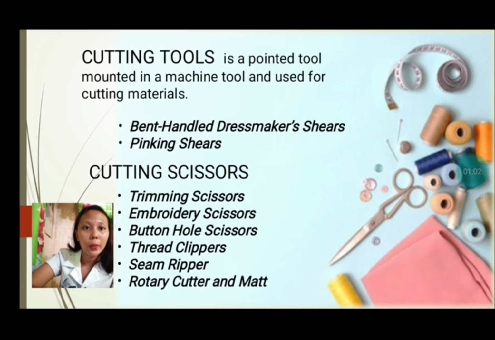Under cutting tools, we have bent-handled dressmaker shears and pinking shears. We also have cutting scissors, trimming scissors, embroidery scissors, buttonhole scissors, thread clippers, seam ripper, rotary cutter, and mat.